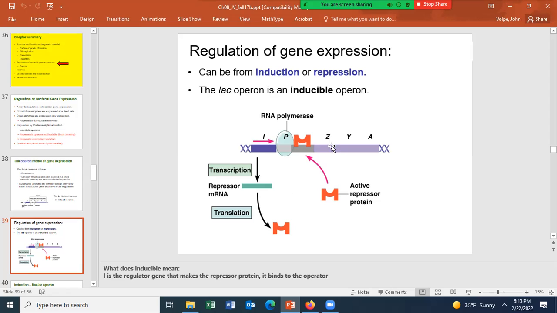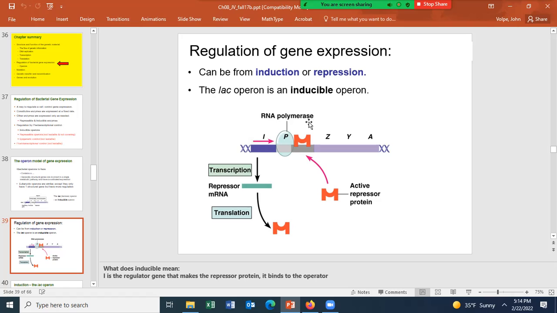How the gene is normally turned off is there's a regulatory gene, the I gene, and it's not part of the lac operon, it has its own operon. It makes a messenger RNA, which makes a repressor protein, and then that repressor protein binds to the operator on the lac operon.